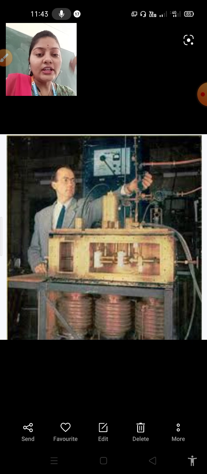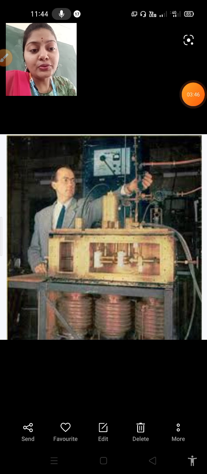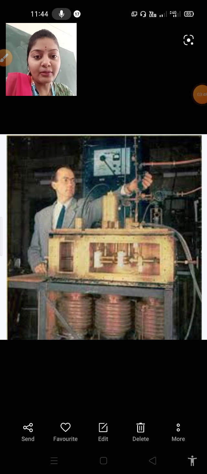He used the ammonia molecule to explain the maser concept, which works at a wavelength of about 1 centimeter.